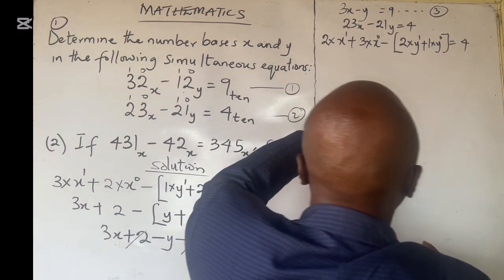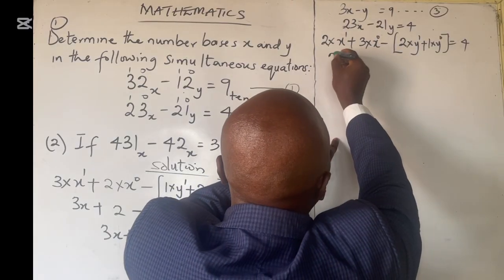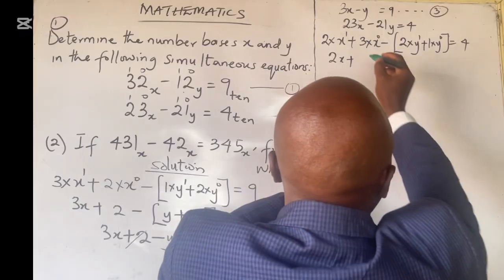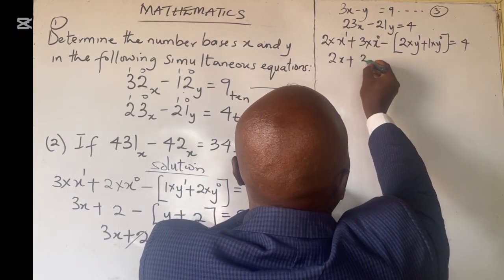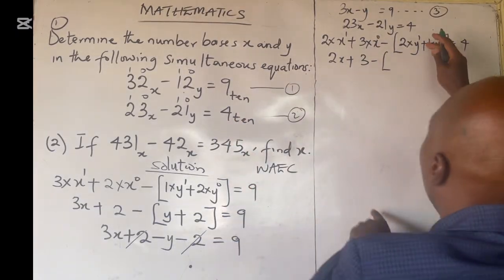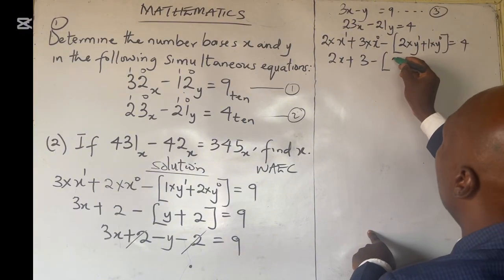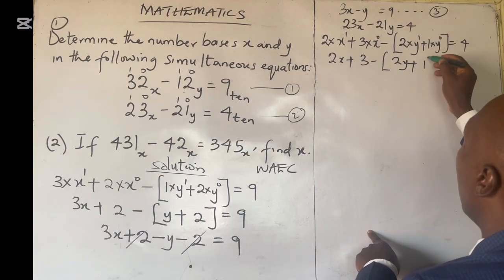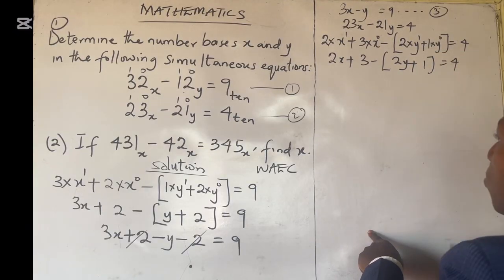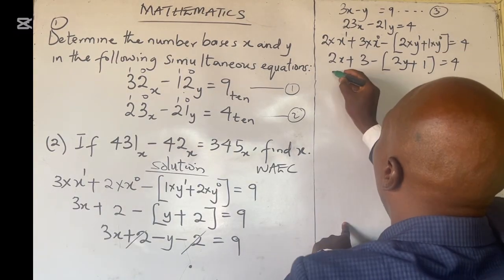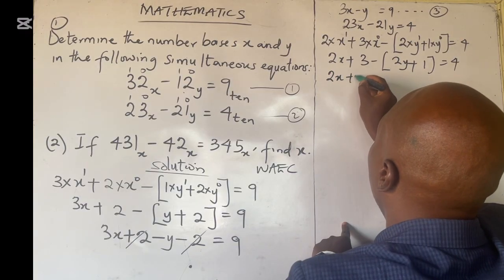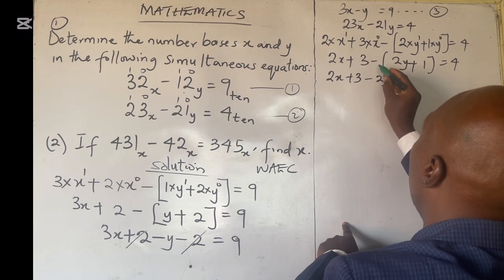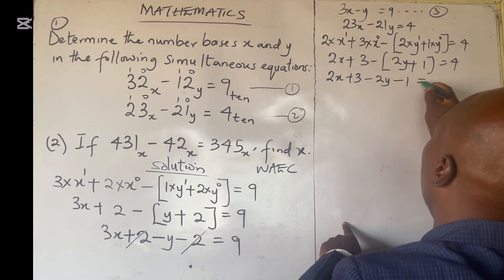If we do this very well, we have 2x, x raised to power 0 is 1, so that will give you 3, minus y raised to power 1 is y, times 2, that's 2y, plus y raised to power 0 is 1, 1 times 1, 1, equals 4. So we have 2x plus 3. If we open the bracket with negative, that's minus 2y, negative times positive, minus 1 equals 4.